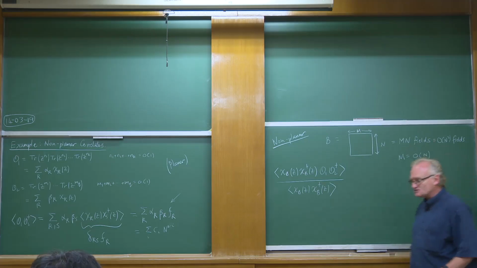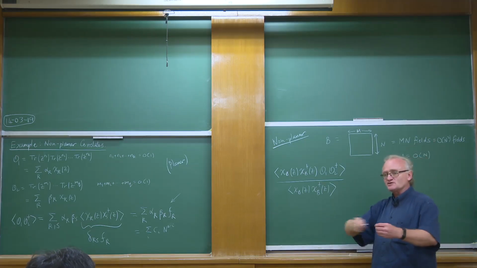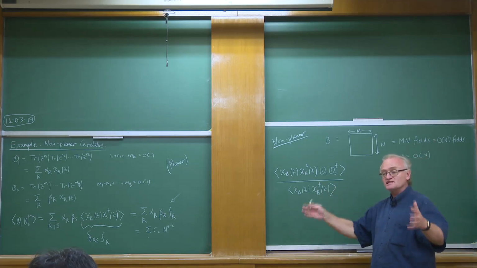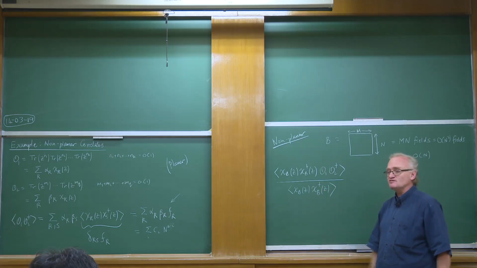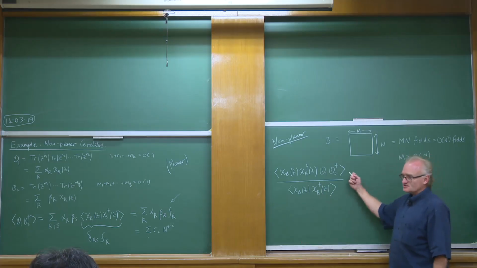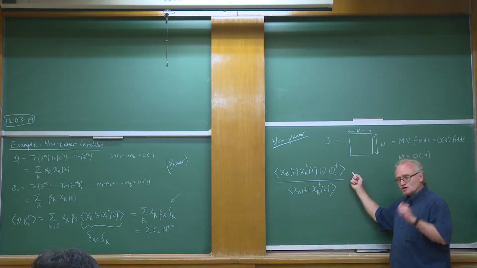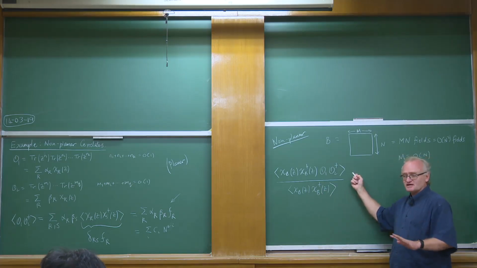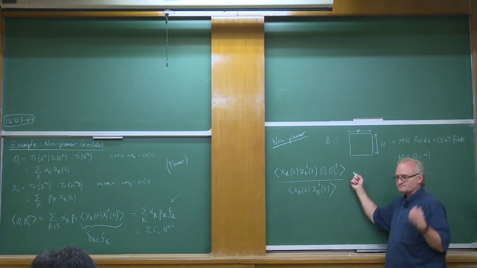And if I was now just to count how many non-planar graphs there are, there's an enormous number of them, and they completely overpower the 1 over n squared suppression. So if I was calculating this answer over here, I could not restrict to just planar graphs. I would just get the wrong answer.